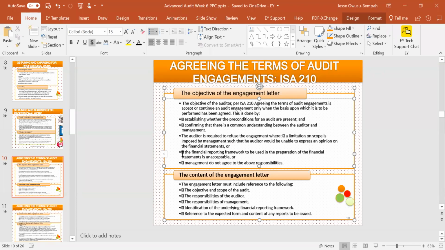Number three, the responsibilities of management. Number four, what kind of financial reporting framework are we using here? Number five, reference to the expected form and content of any reports to be issued. So these are some of the things that should be in the engagement letter.